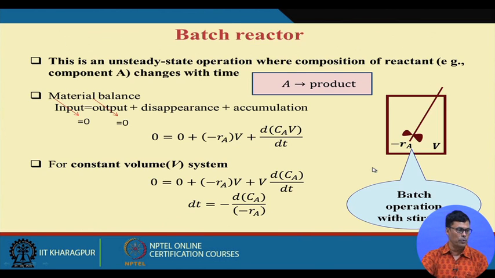Now, let me show you the reactor analysis, and for the reactor analysis we use a basic formula. This is called material balance analysis. It is: rate of input equals rate of output plus rate of disappearance plus rate of accumulation. Here we consider one particular parameter to write this balance equation.